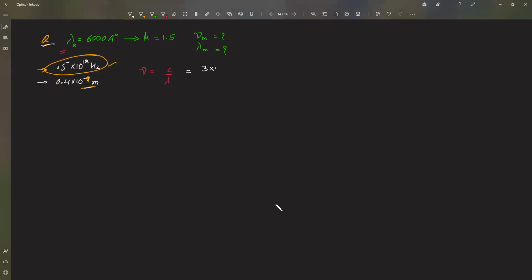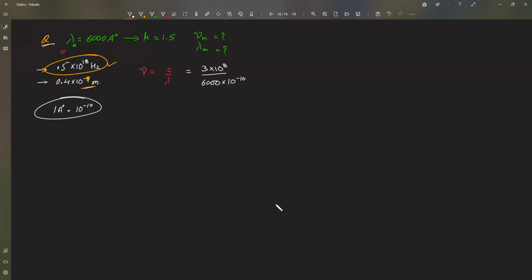c is 3 into 10 to the power 8, divided by lambda, which is 6,000 angstrom. 6,000 angstrom means 6 into 10 to the power 3 into 10 to the power minus 10 meters, since 1 angstrom is 10 to the power minus 10 meters.